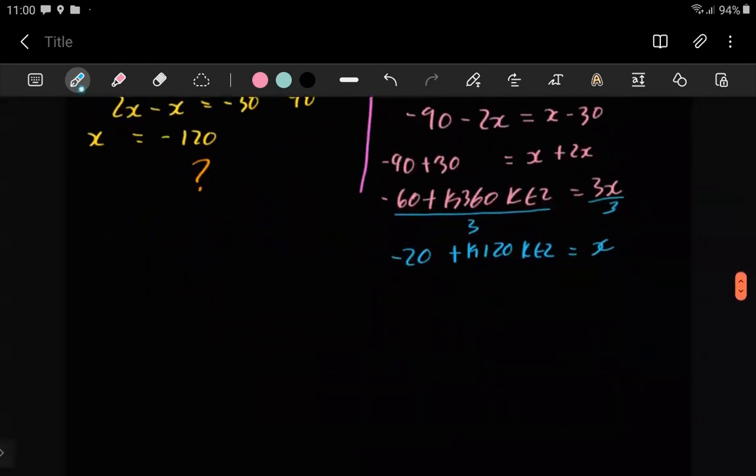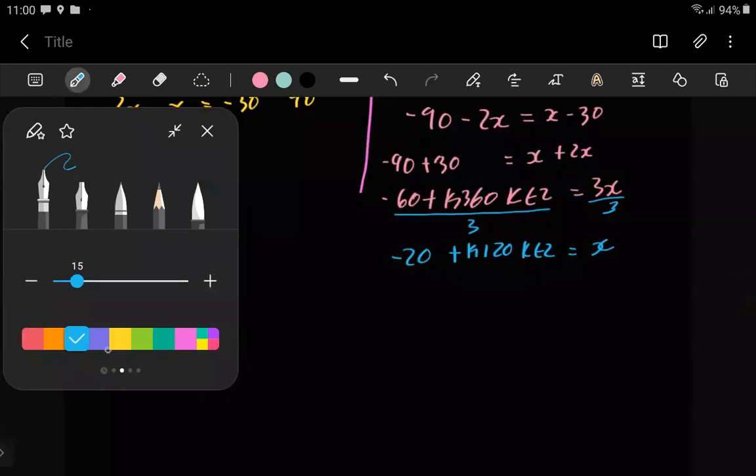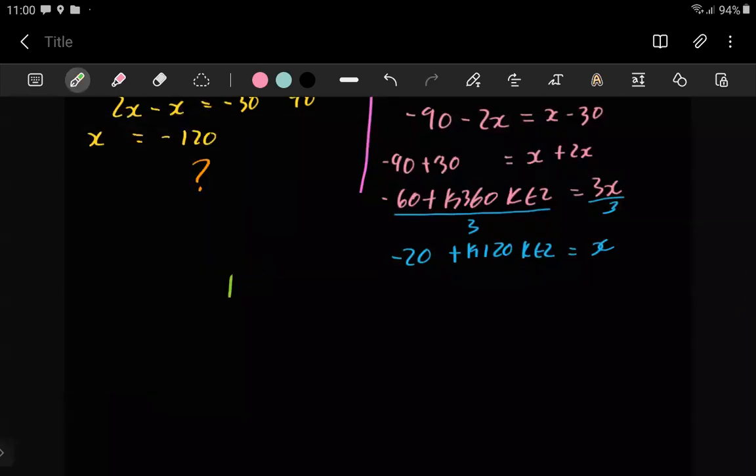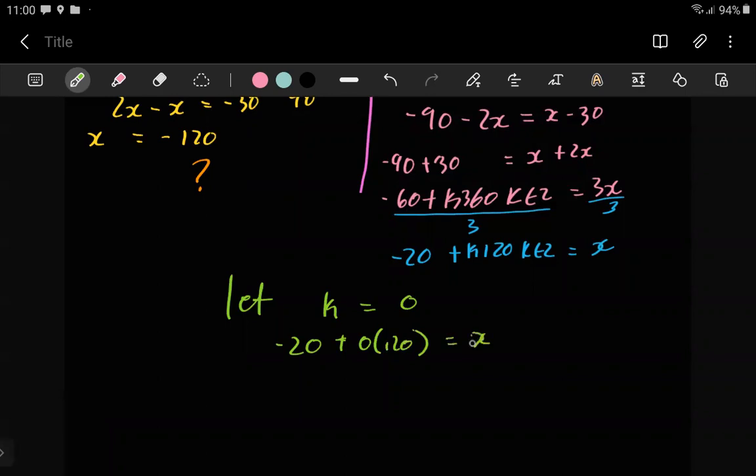So for us to get answers now, you will just need to say things like, let k equal to 0. If k is 0, you're going to have negative 20 plus 0 times 120 equal to x. And then x is equal to negative 20. That's your first answer.